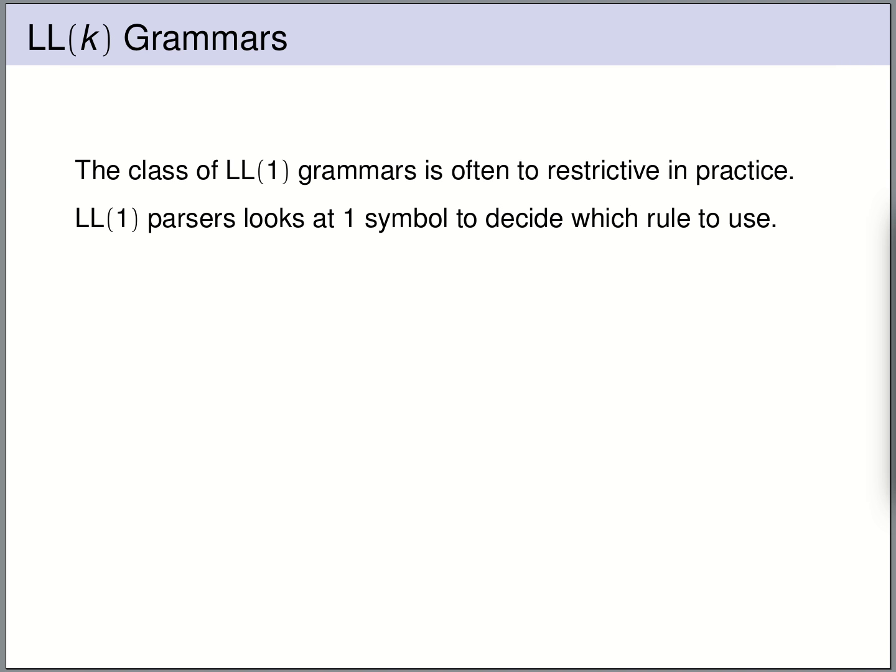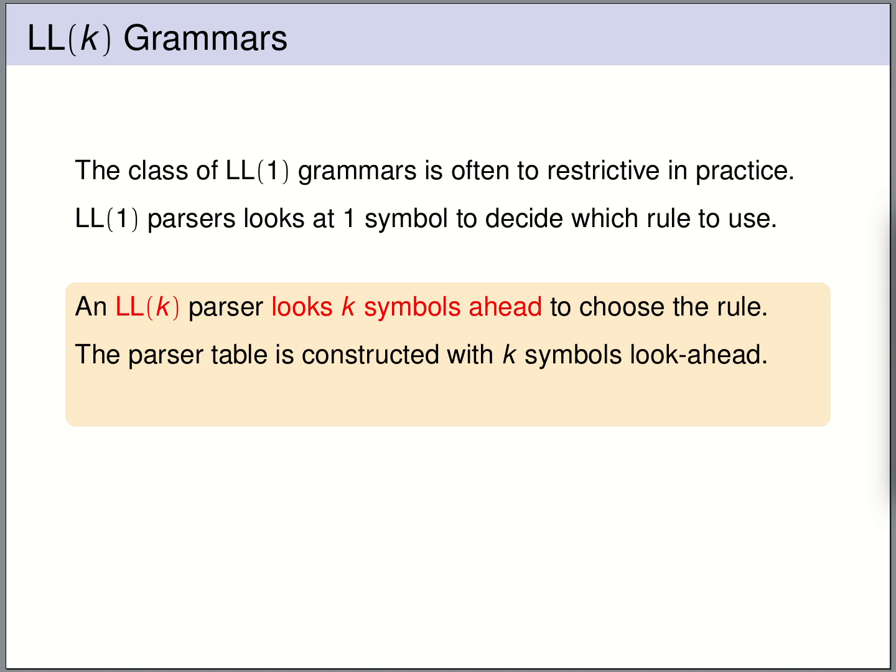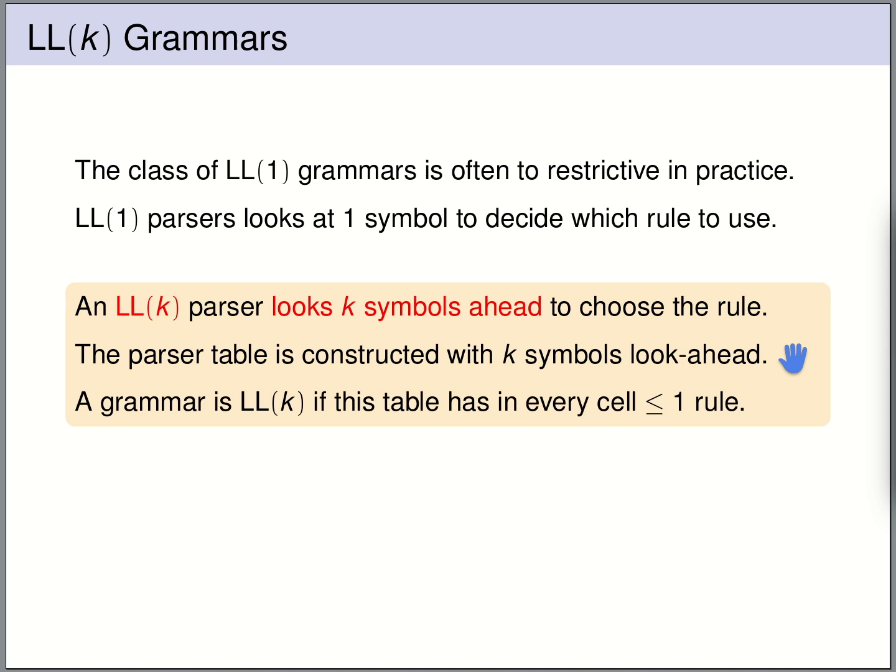This can be quite limiting in practice, and there's a generalization of LL1 which is called LLK. LLK parsers look K symbols ahead in order to decide what rule to apply. So the parser table for LLK is constructed with a K symbol look ahead, and we say that the grammar is LLK if this parser table contains at most one rule in each cell.